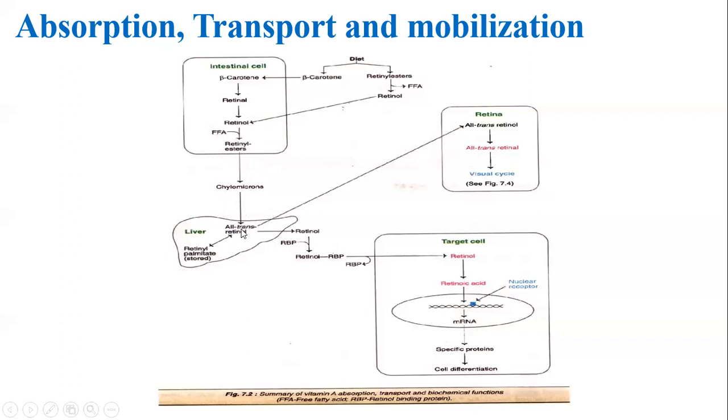Retinol is stored in the liver as retinyl palmitate, and most of the retinol is transferred to the eye retina, and this all-trans retinol converts into all-trans retinal and helps in the visual cycle, which is also known as the Wald cycle. And some of the all-trans retinol binds to the target site with the help of retinol binding protein.